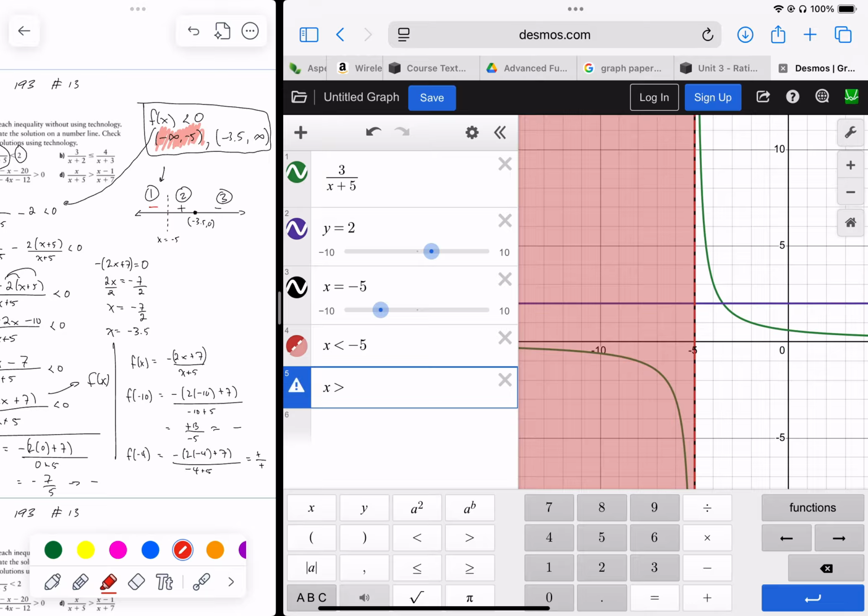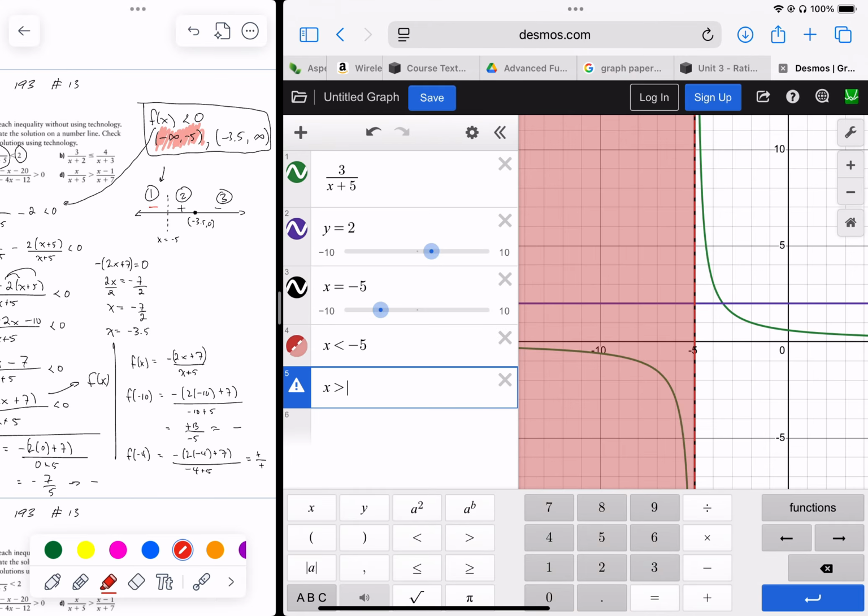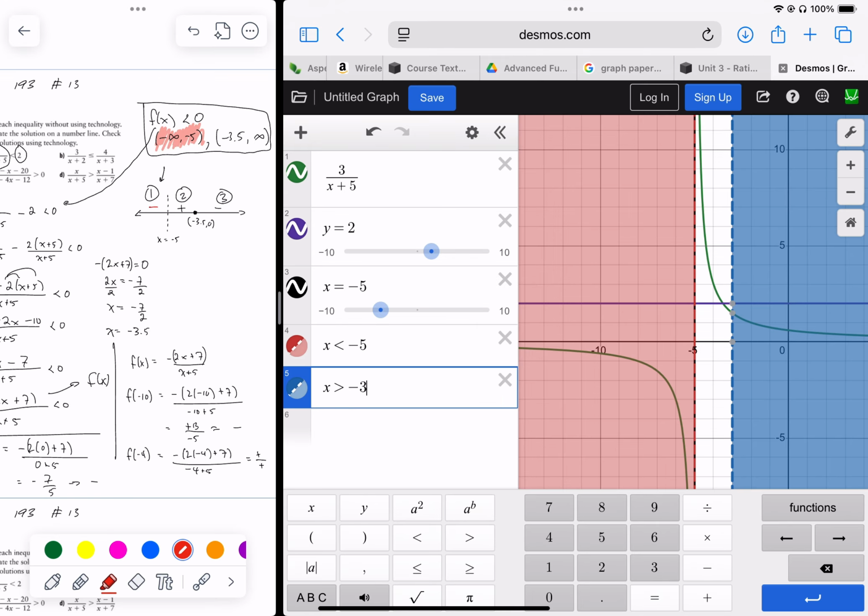Now, here's the thing. Desmos will show you a point of intersection right there. You can see -3.5 and 2. So that's pretty good. So I could say x is greater than -3.5. There you go.